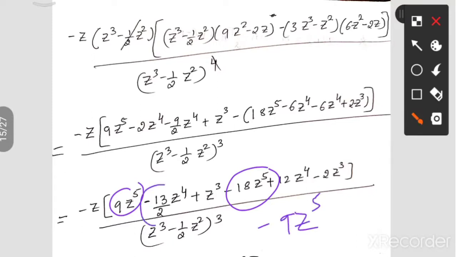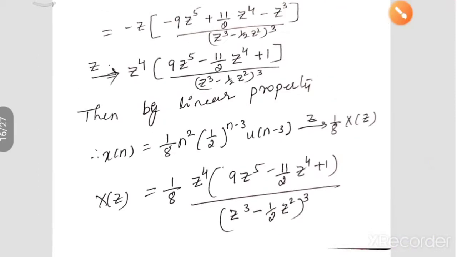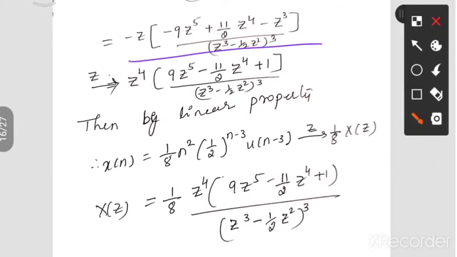And next minus 13 by 2 and plus 12 will be what? You can take minus 13 plus 24 divided by 2. What is this? It will be 11 by 2 z raised to 4. Okay, and the next term we have is z cube minus 2z cube will be minus z cube. Those terms we have here divided by the denominator as it is.